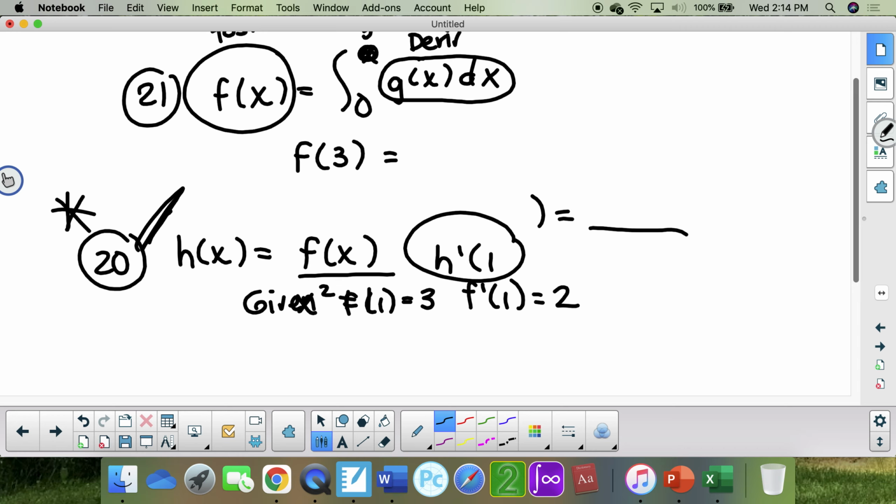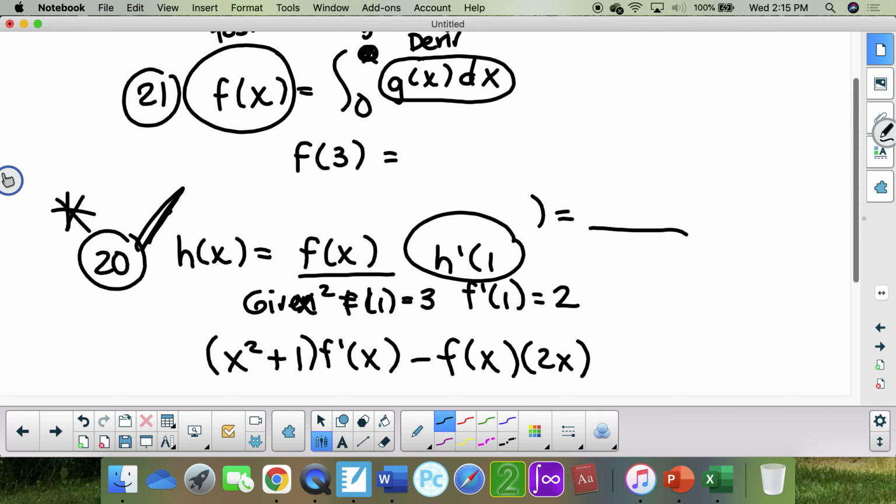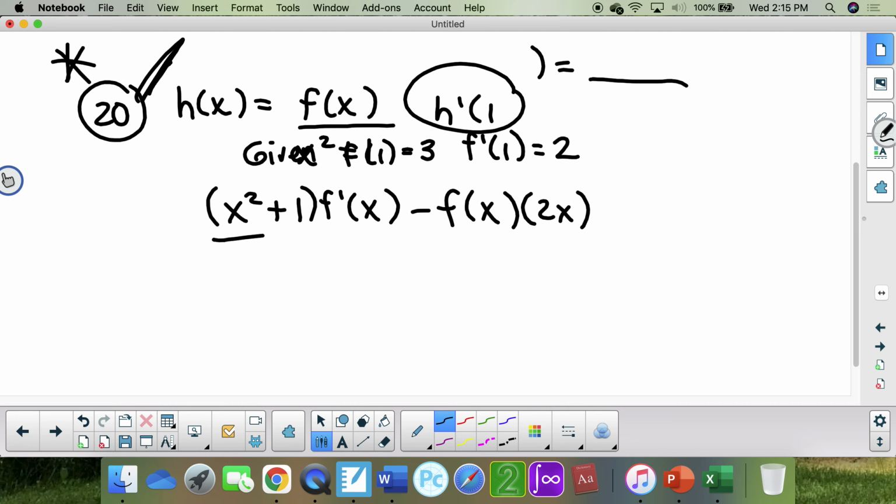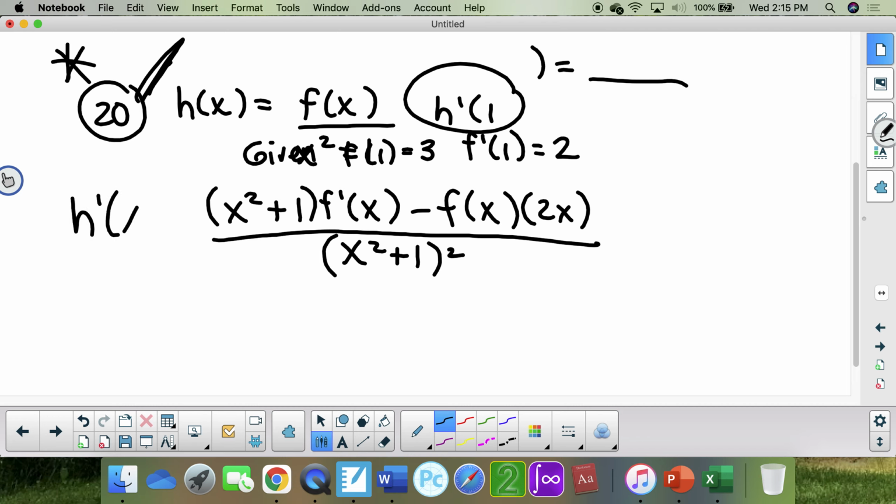So you're going to do low times the derivative of the high minus high times the derivative of the low all over low squared, x squared plus 1 squared. H prime of x would equal that. If h of x is equal to this, h prime of x would equal that. Does everybody see that? That would be the derivative, low d high minus high d low all over low squared.